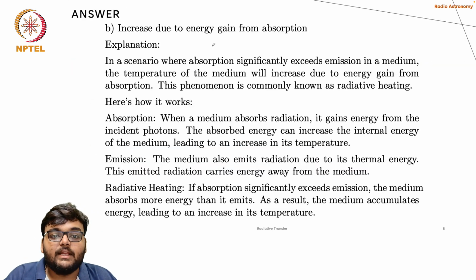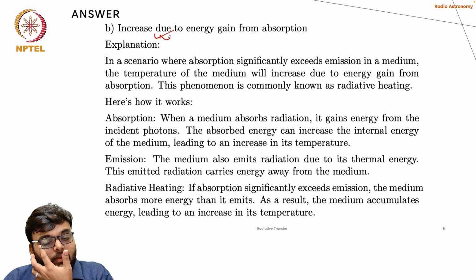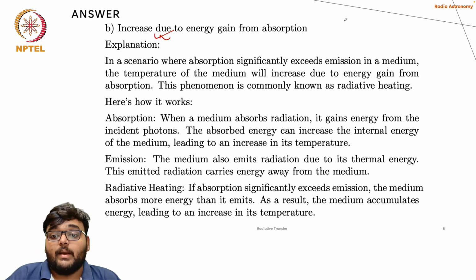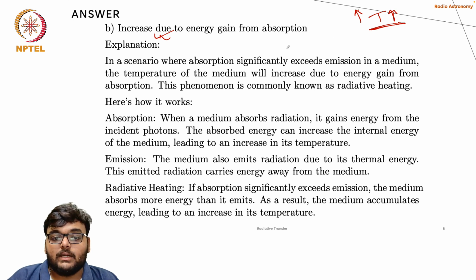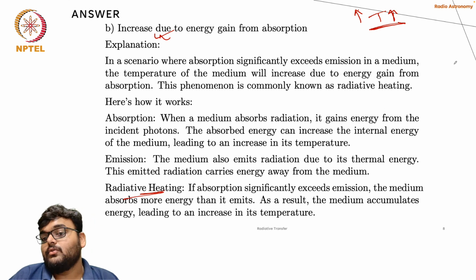The temperature will increase, because if absorption increases, the medium heats up and the temperature will rise. It rises because the medium is absorbing all the energy from the photons. This is known as radiative heating, a phenomenon where the absorption is significantly high.